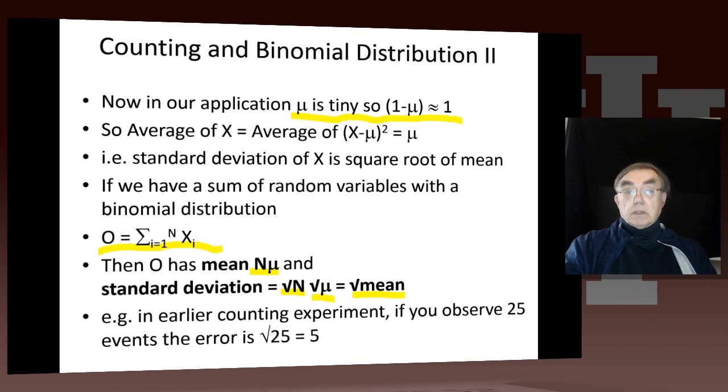So we get the fact that when we sum these binomial distributed events with small mu, for the sum we have a mean, which is whatever we count it up to be, and the error is the square root of the mean. And that's why we have an error of 5 when we observe 25 events, or 250 events in the counting experiments we did.